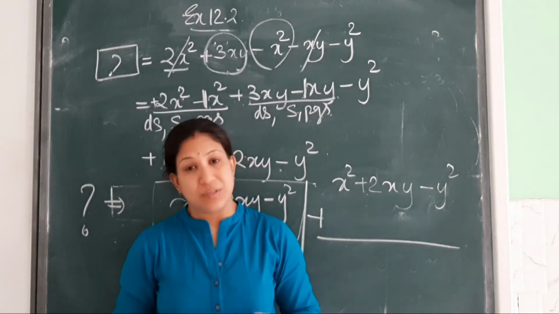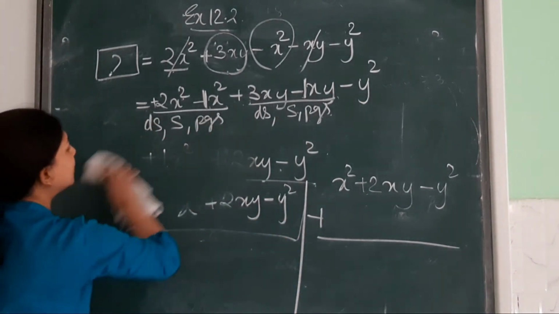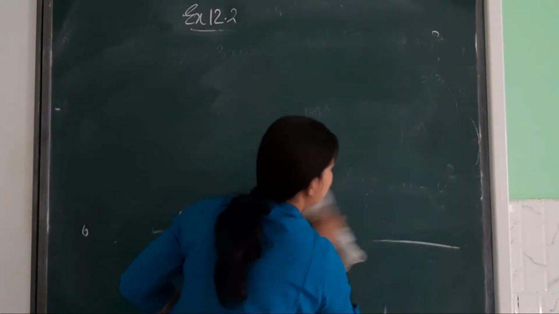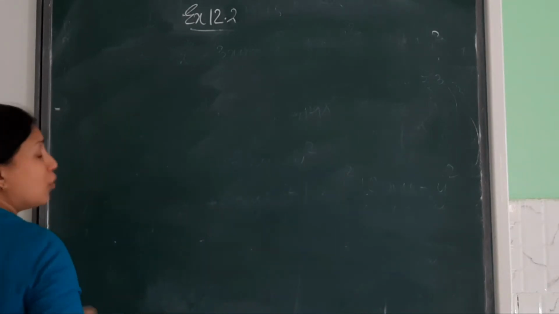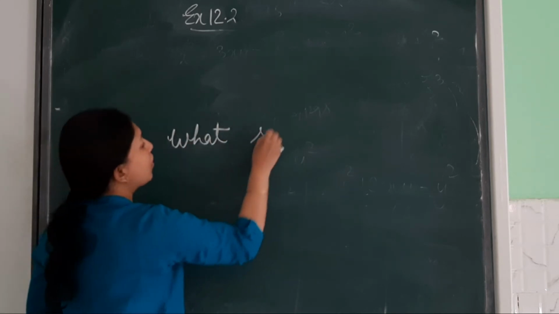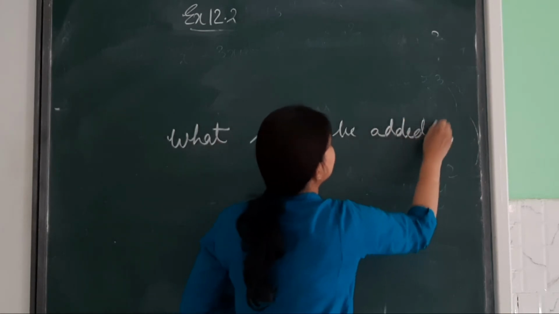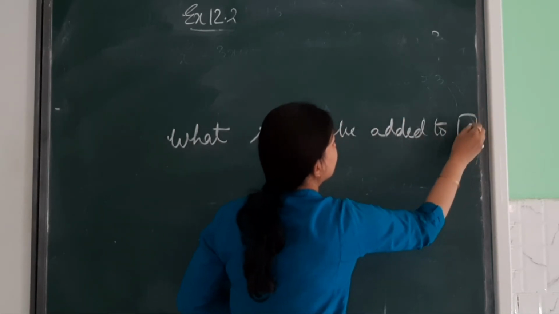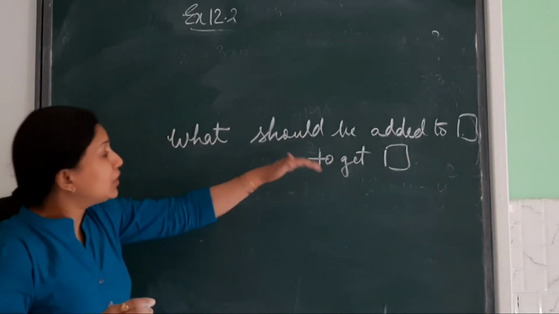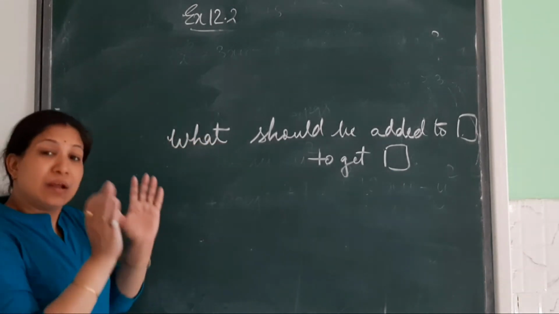understood the concept. Now same way, if you have a question, children, these type of questions we have discussed before also. Now instead of what should be added, if you get a question, what should be subtracted? Remember children, I am giving you some easy examples. What should be added? See, to something to get something. So always do these questions with some examples in your mind and make it in a picture form.